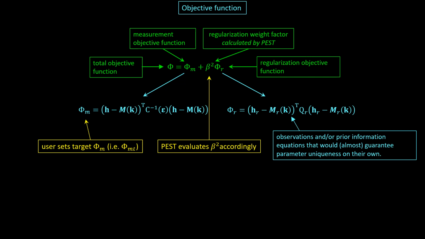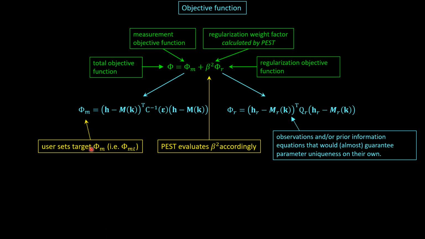And again, that may be smoothness or minimum curvature or simplest parameter field. However, I will tolerate departures from that preferred parameter condition in ways that I like, as defined by the way that this QR matrix, this regularization weight matrix, is defined. I will tolerate departures from that preferred condition in ways that I like if that's what it takes to give me the measurement objective function that I want.